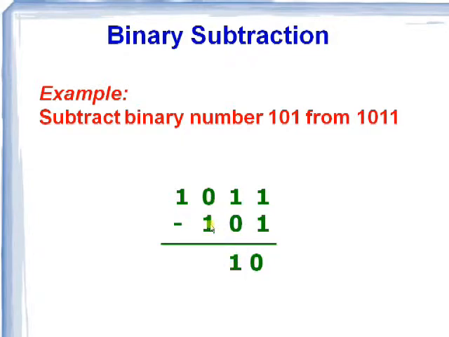And 0 minus 1, here I have to take a borrow from this particular bit, so the value here becomes 2. So 2 minus 1 is 1, 2 minus 1 is 1, therefore here you have only 0. So this is how you perform binary subtraction.